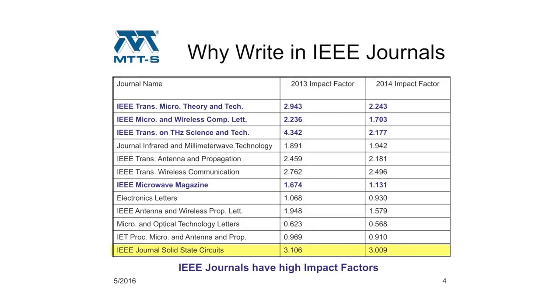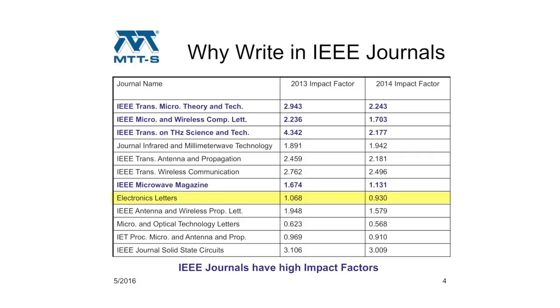You really can't compare journals in engineering to journals in biomedicine, for example, the medical field. Those journals have impact factors of 10, 20. Nature is really high. In engineering, though, an impact factor of 3 for the journal Solid-State Circuits is very good. That's one of the highest IEEE impact factors.